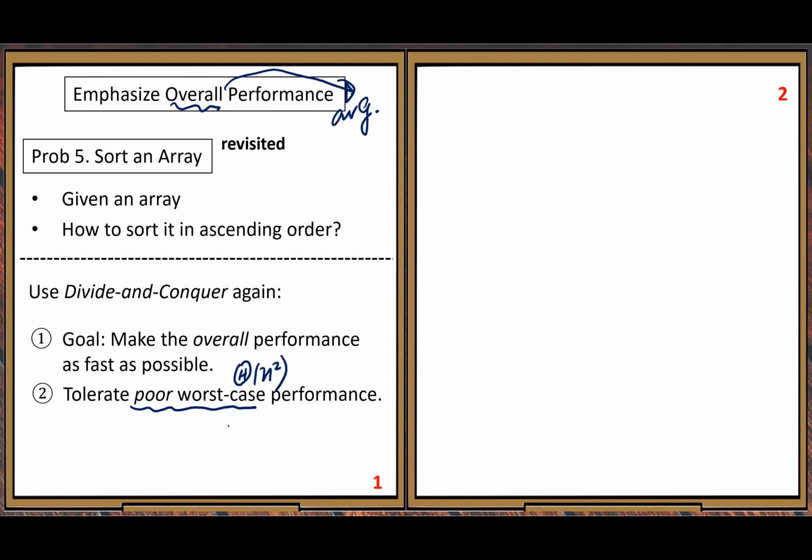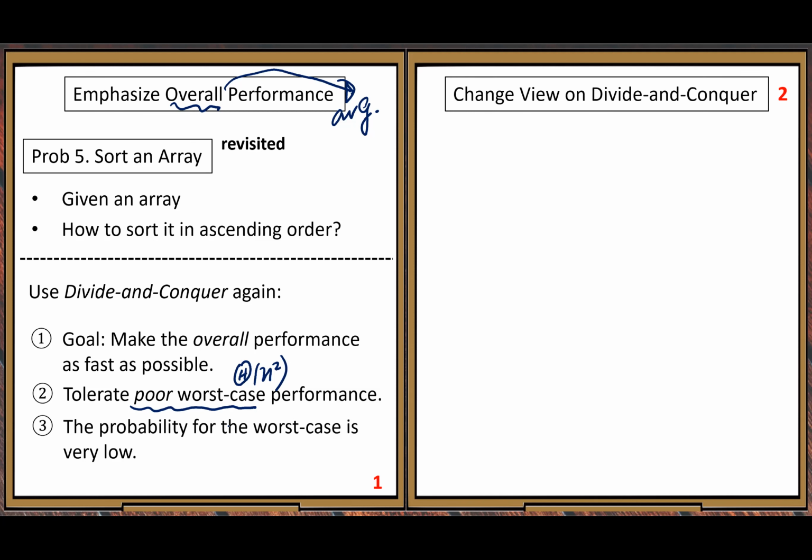If we use this sorting algorithm many, many times, the chance we can get the worst case is very little. The probability for the worst case is very low.